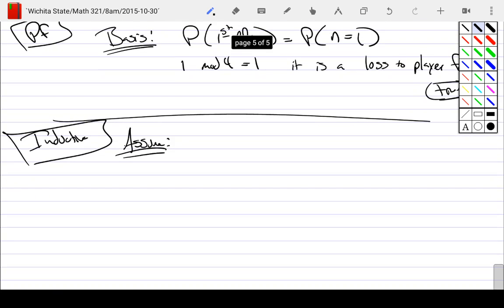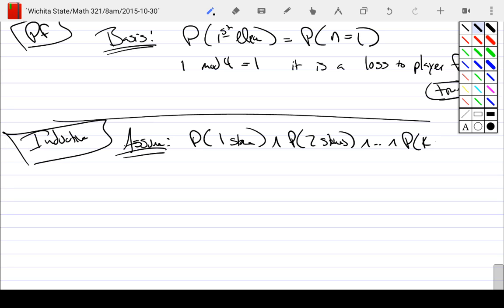So when I say this, I assume that P of 1 stone and P of 2 stones, the book uses matches, or sticks, P of k stones all have our mod rule work, right?